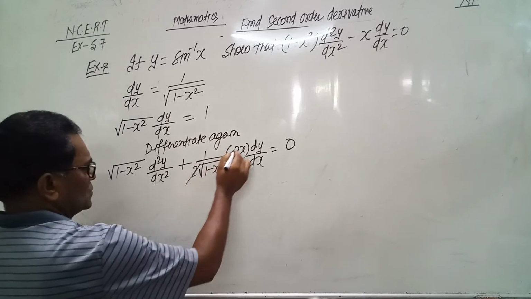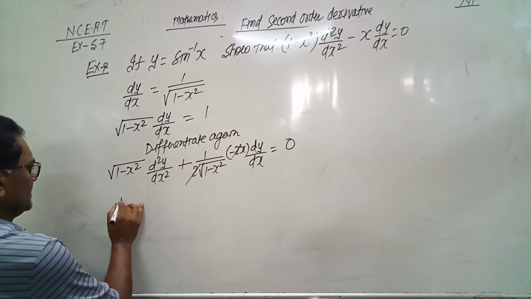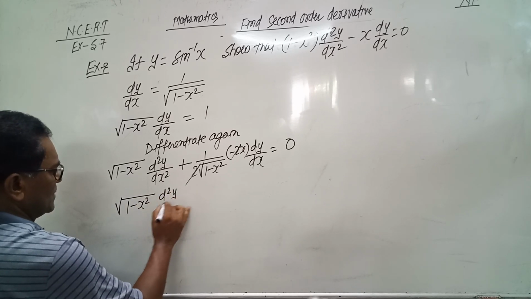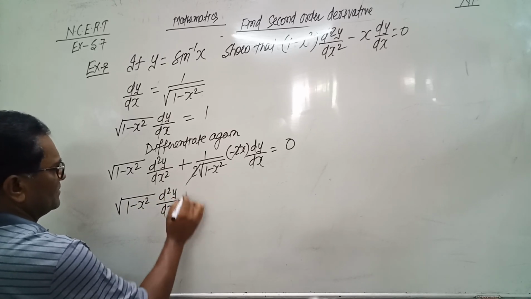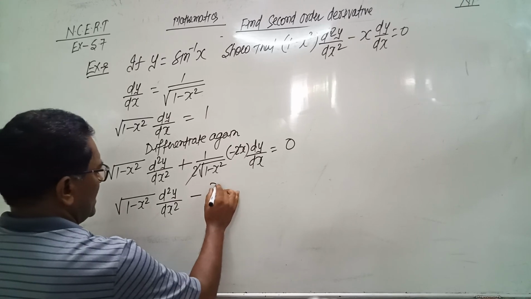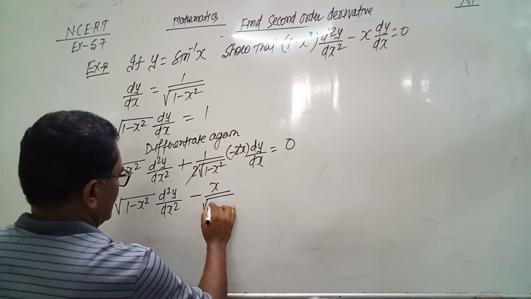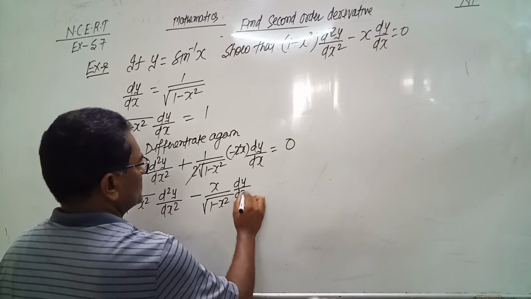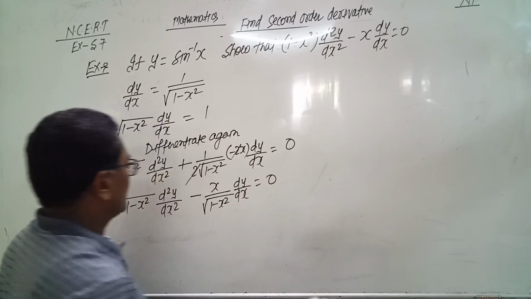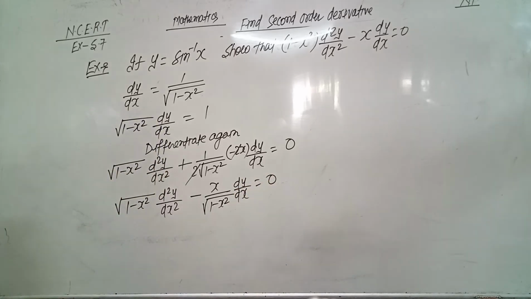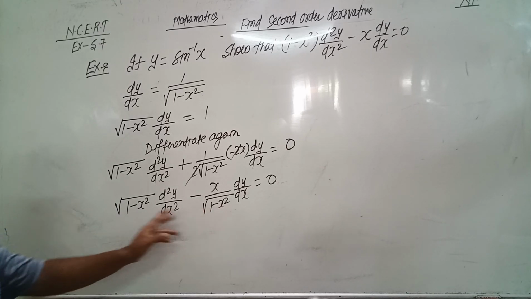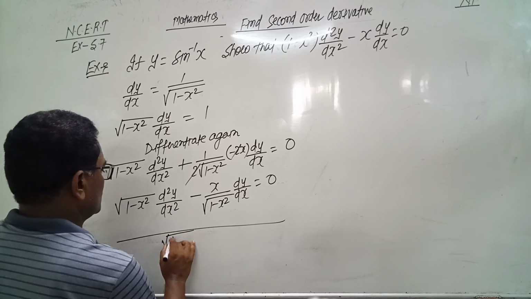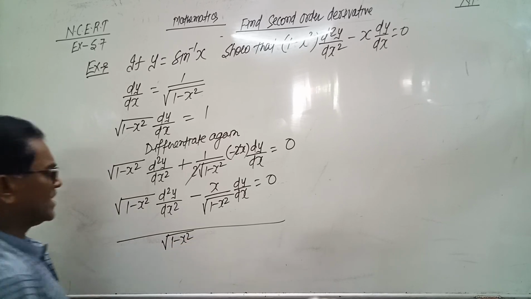Now 2 and 2 cancel, so it gives root 1 minus x square d2y by dx square plus minus x by root 1 minus x square into dy by dx equals 0. Now take the LCM, which is root 1 minus x square.